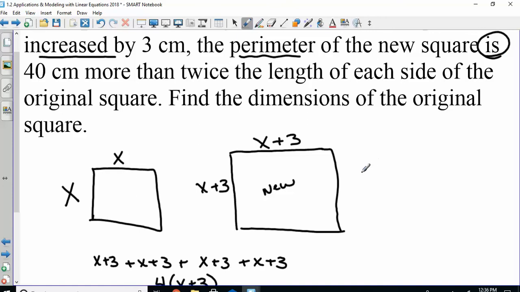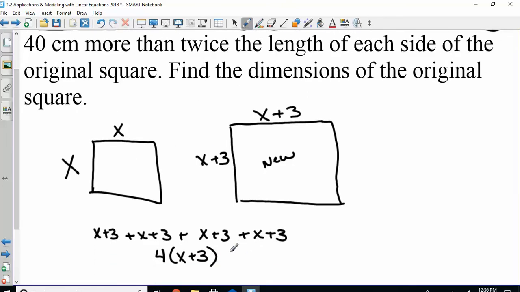Is, that magical word is, what does it tell me? Equals 40 centimeters more than, what does more than tell me? So 40 plus twice, what does twice mean?